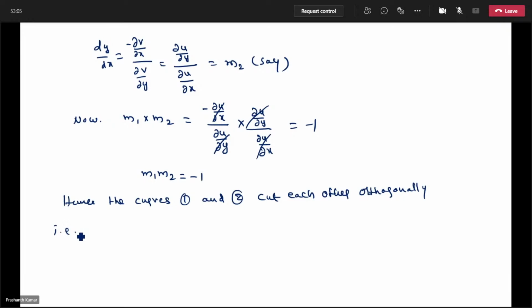That is the form of an orthogonal system. They form an orthogonal system.